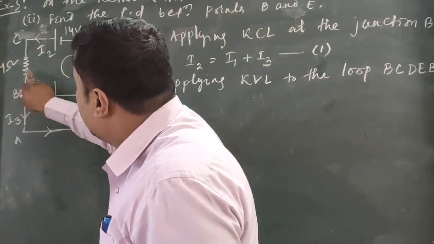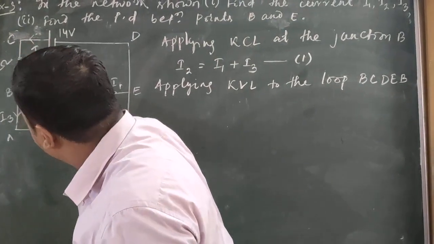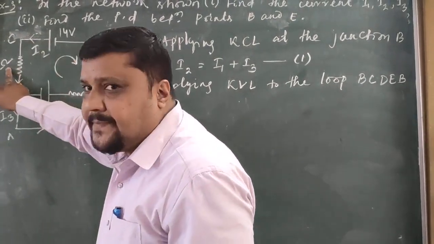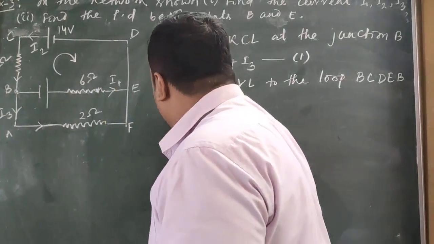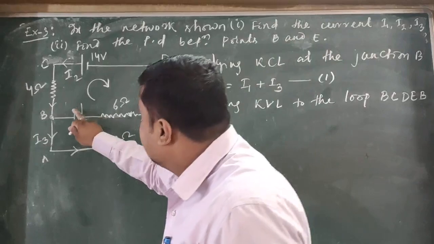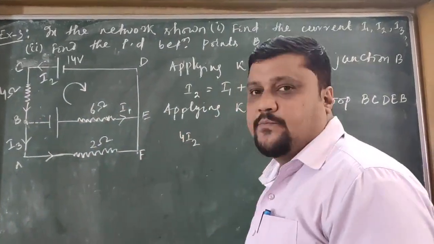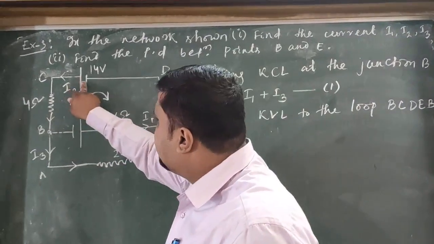Start from B. This is the direction of current, so I2 flows along this direction. So I can write 4I2 first. Plus or minus? The path and current are in the same direction, so this is minus 4I2.